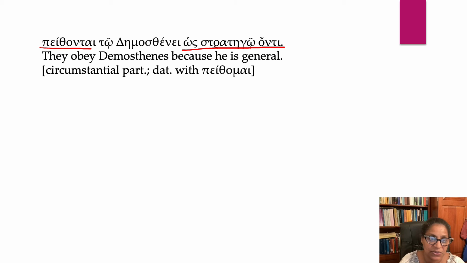Here's your participle construction. It's causal, the hos, because he is a general, and onti is mapping onto Demosthenes, which is in the dative, and so strategoi is also going to map onto Demosthenes' dative as well. So everything is in the dative because peithontai sets up a dative with Demosthenes, and so participles that modify Demosthenes, just as adjectives that modify Demosthenes, would also be in the dative.